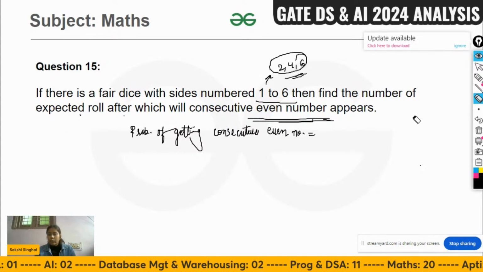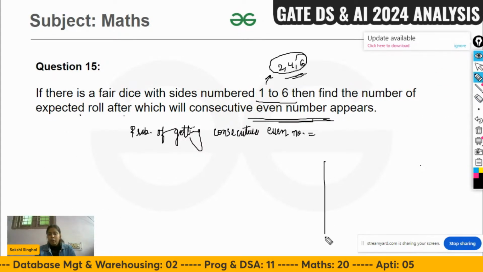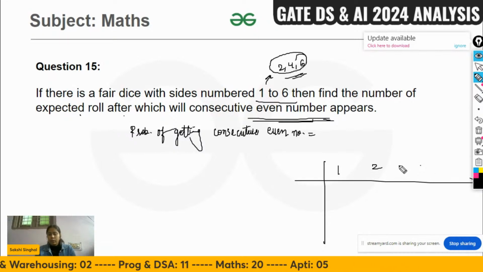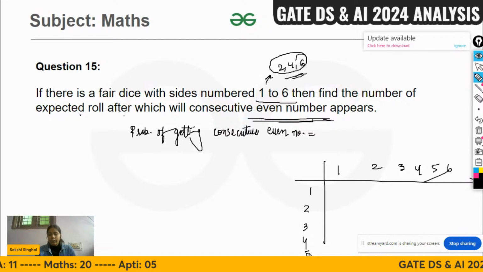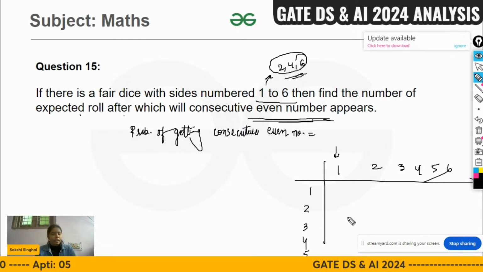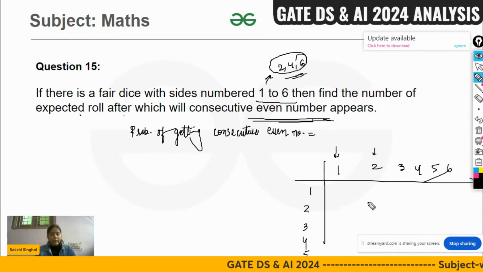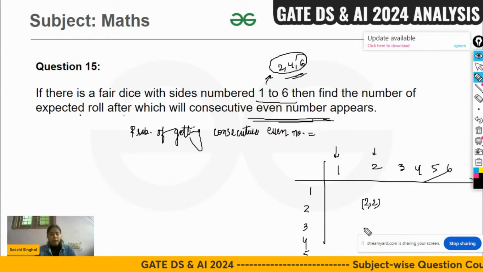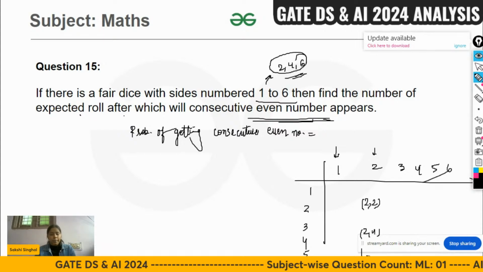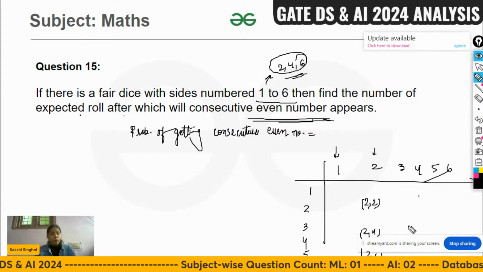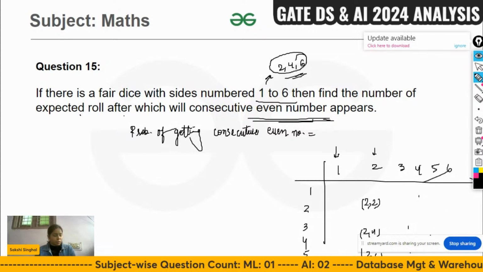Because I want consecutive even numbers, you will write here 1, 2, 3, 4, 5, 6 and 1, 2, 3, 4, 5, 6. In some cases I'm not getting consecutive even numbers, but in this case I will. So 2, 2 would give me consecutive even numbers, 2, 4, 2, 6. Similarly 4, 2, 4, 4, 4, 6, 6, 4, 6, 2, 6, 6.